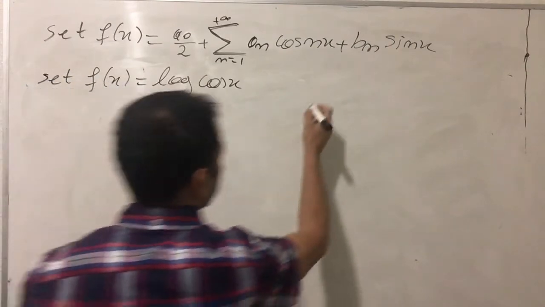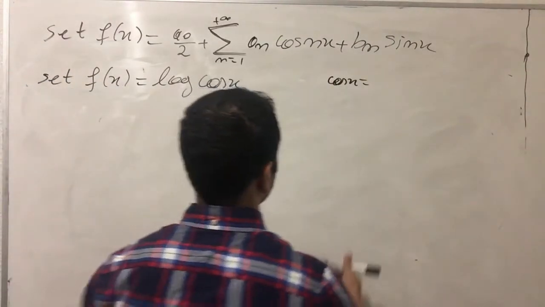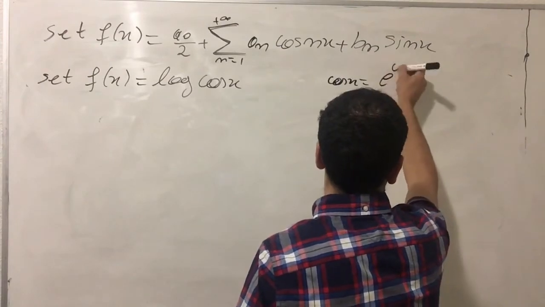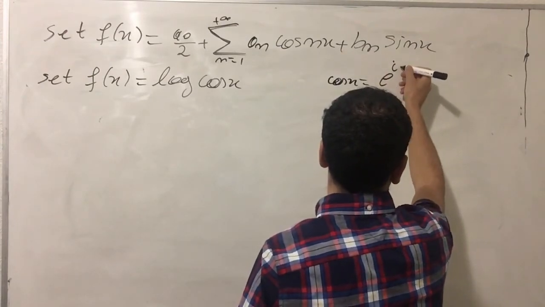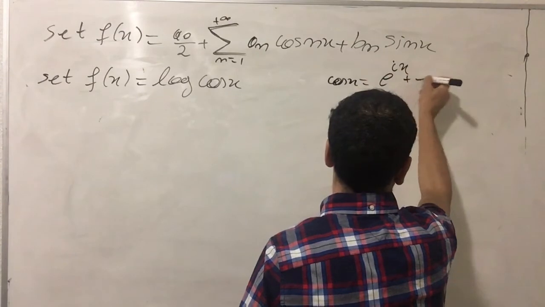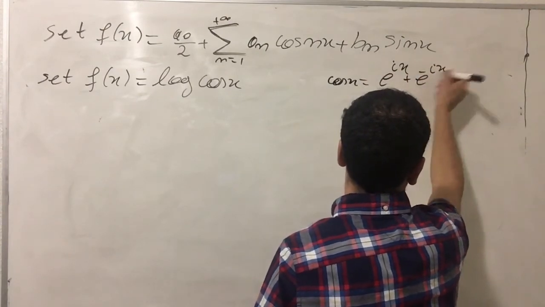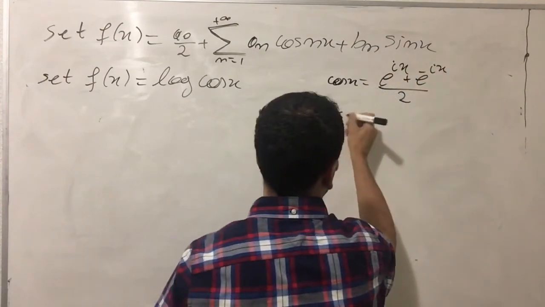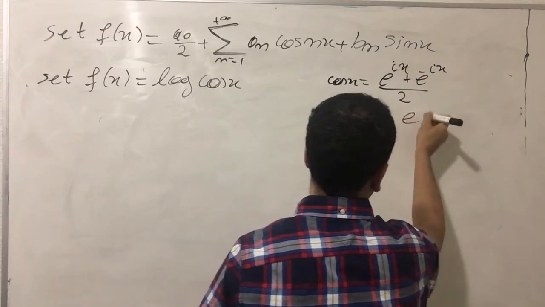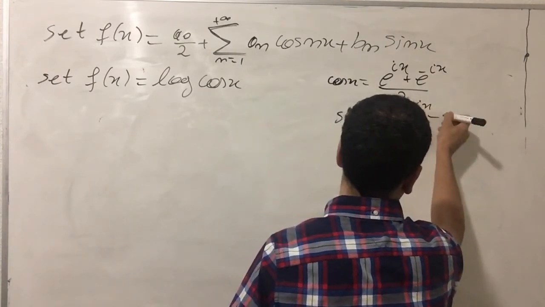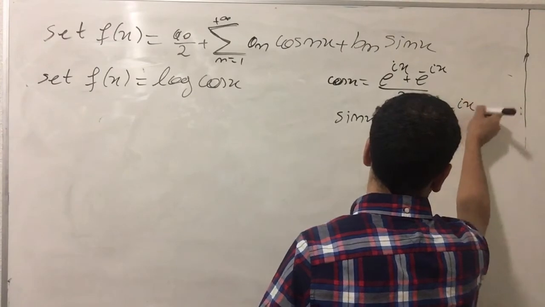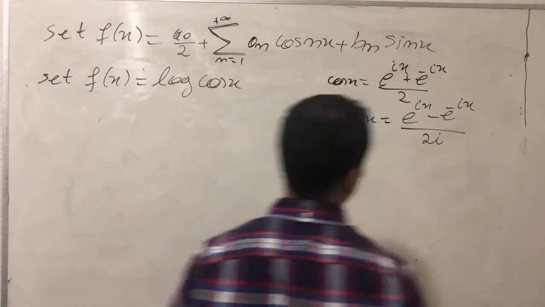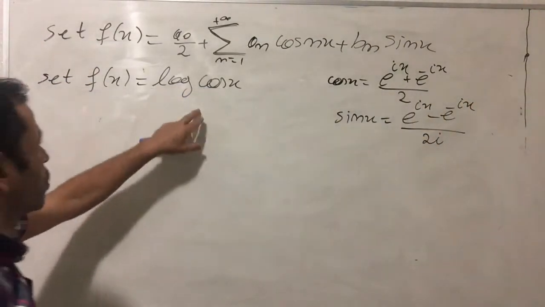As you see here, we know cosine x equals e to the ix plus e to the minus ix over 2, and sine x equals e to the ix minus e to the minus ix over 2i. So I'm going to plug this in here.